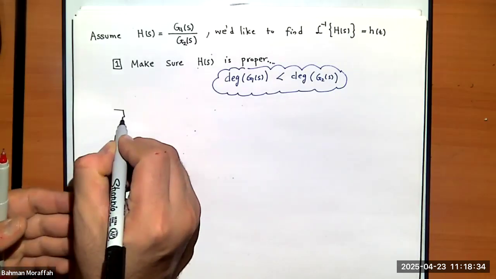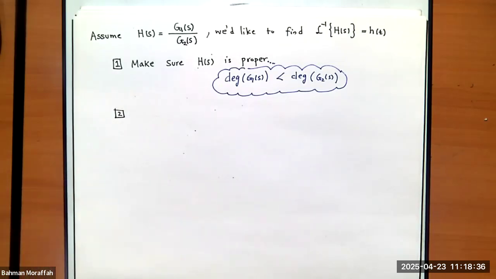The second step: if I have an H of s, which is a division of two polynomials, I know exactly where the poles of this H of s are. That's basically the roots of g2. Depending on whether the poles are real or complex, you can break this H of s up according to those poles.